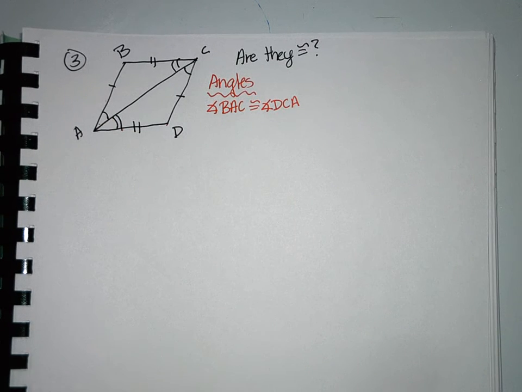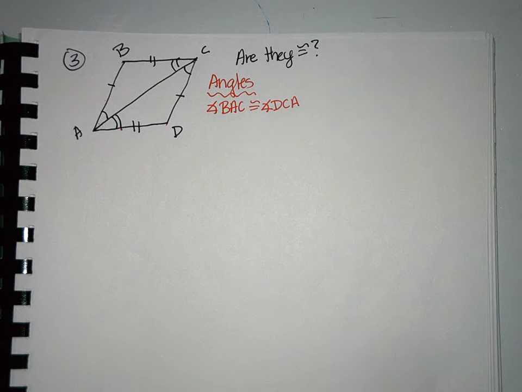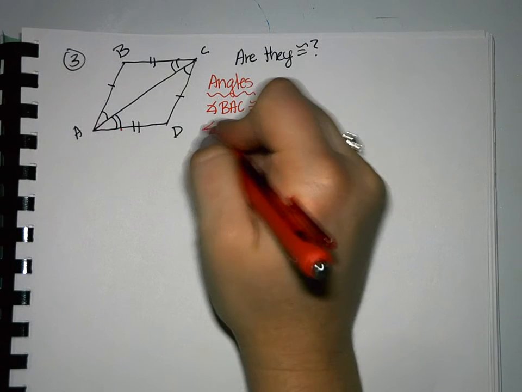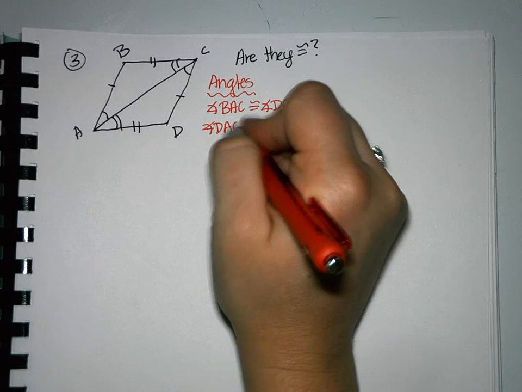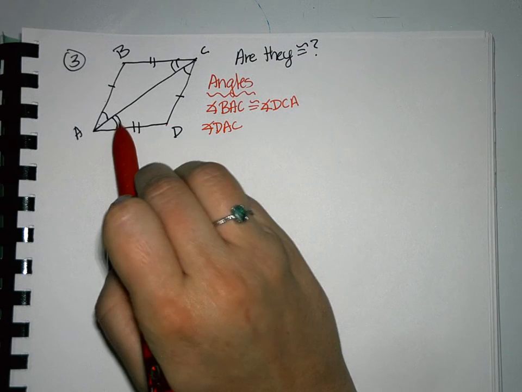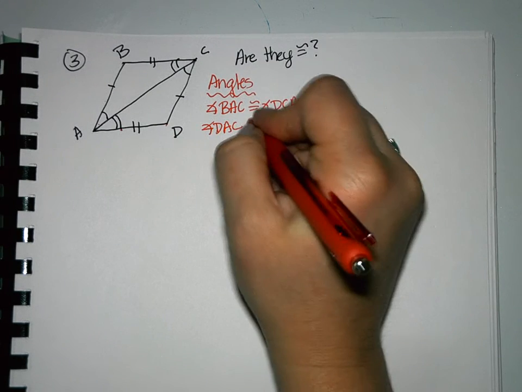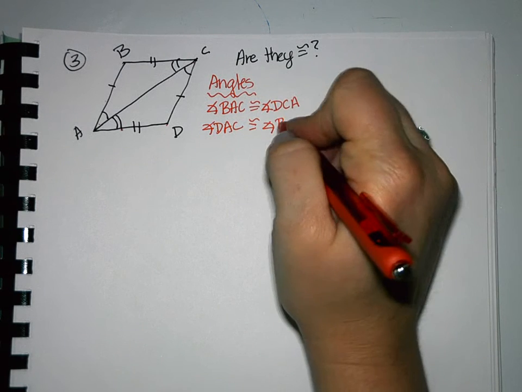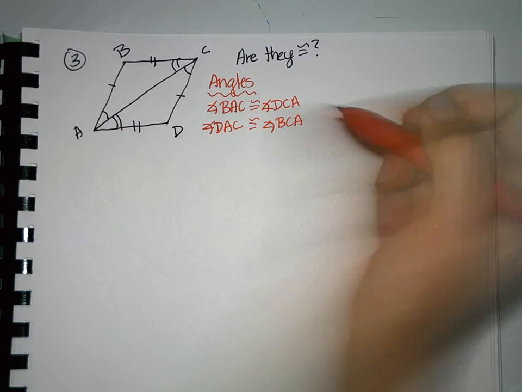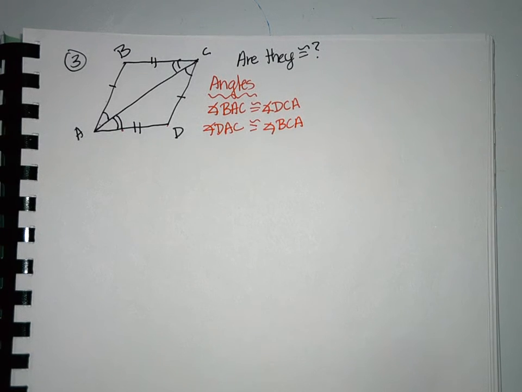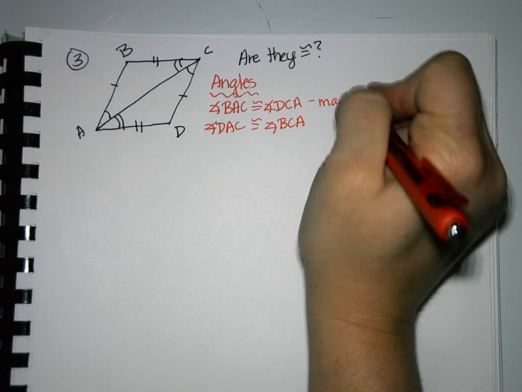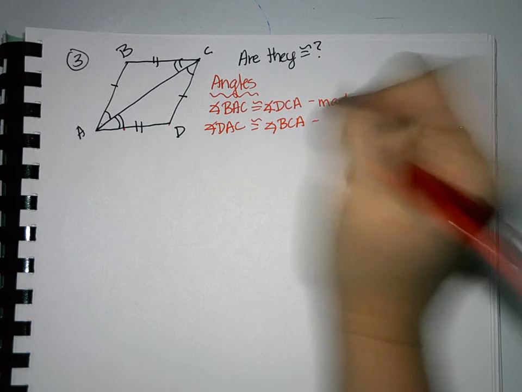What's another one that we know? DAC, so now you're looking at the 2 marking, is congruent to angle BCA. Okay, these were both based on the markings that we knew. What about the final angle, B and D?